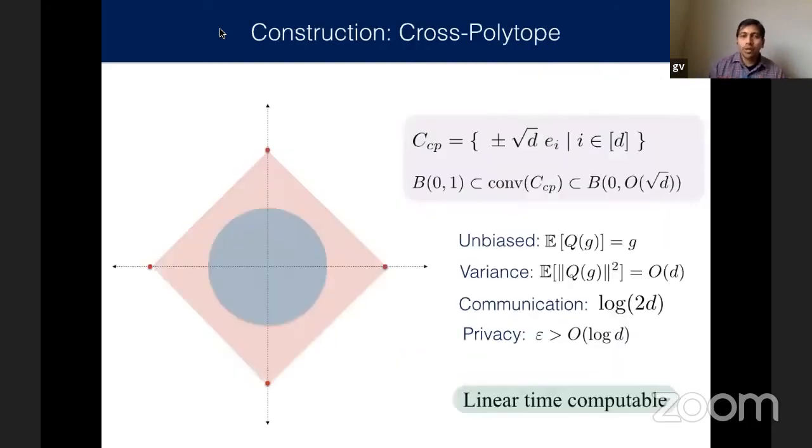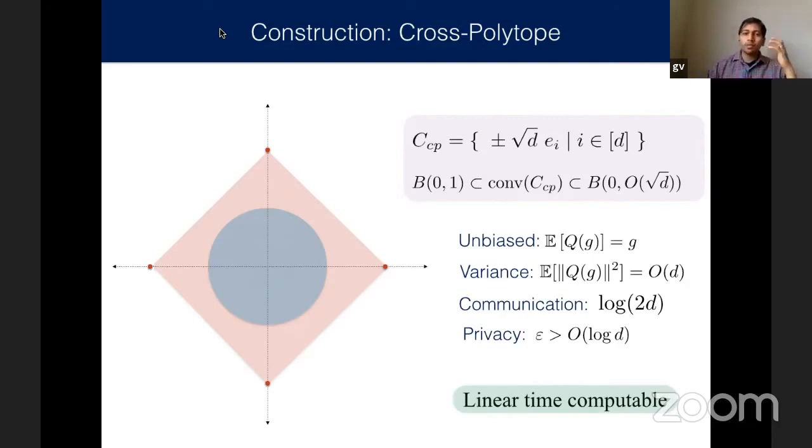One very simple construction that we consider here is that of a cross-polytope scheme. Consider this set of 2D points where each point is essentially a scaled standard unit vector. You take all the unit vectors, plus or minus e_i, scaled by root D. We can see that this point set satisfies the characterization, that is, the unit ball is contained within the convex hull of this point set.